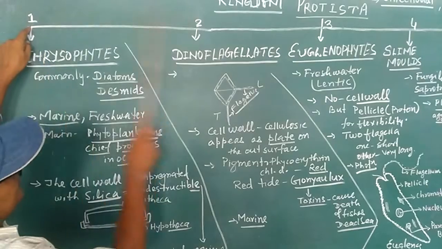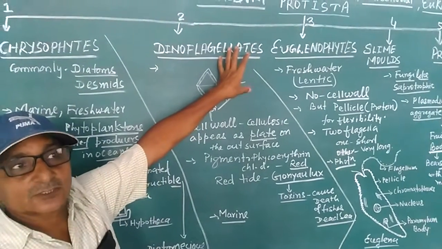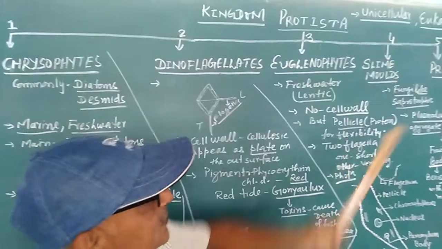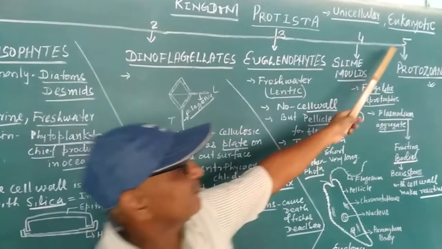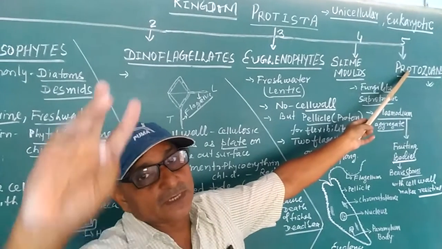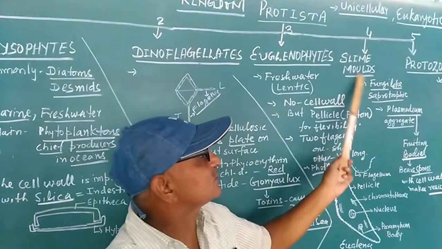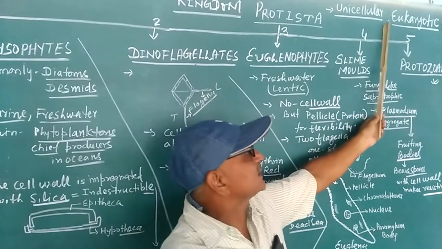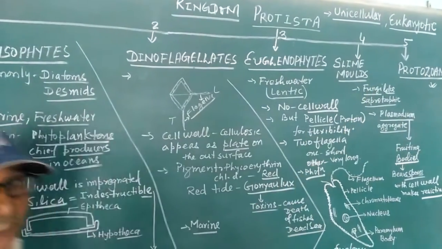These first 3 groups are photosynthetic, so they are plant-like. The 4th one is slime mold, which is fungi-like. And the 5th one, protozoans, are animal-like. In the previous 2 systems of classification, these were placed with the plant kingdom, and protozoans were kept in the animal kingdom.